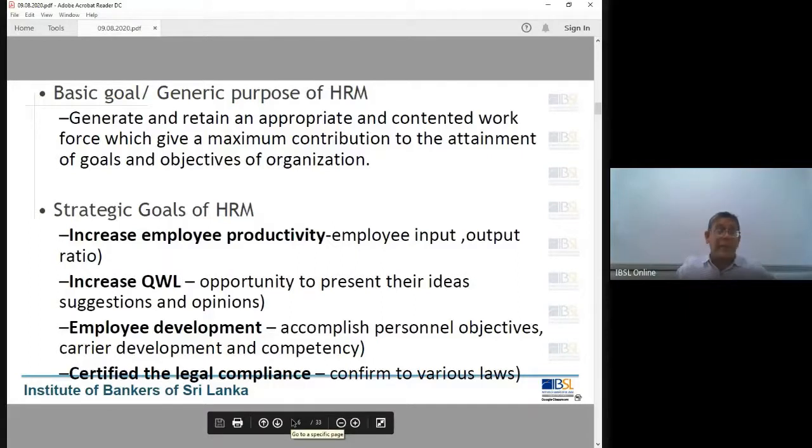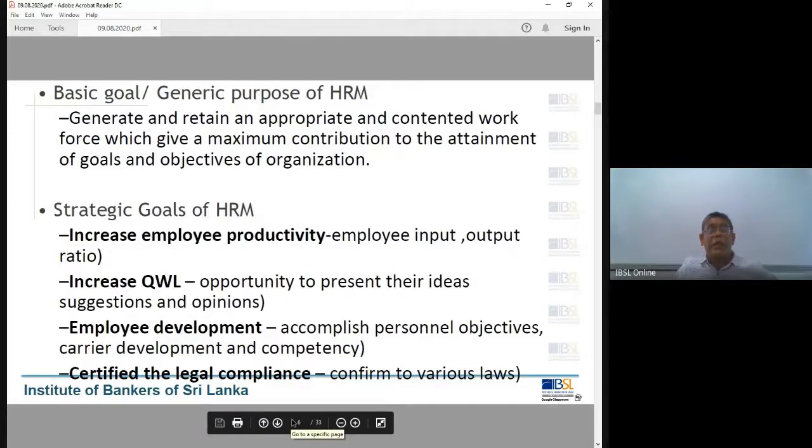Good HRM must provide each and every employee a chance to give their views, ideas, opportunities. That is what we are expecting under the strategic goal of HRM, increase quality work life. How can you provide that? By giving that opportunity to present the employees' ideas, suggestions, opinions to the management.